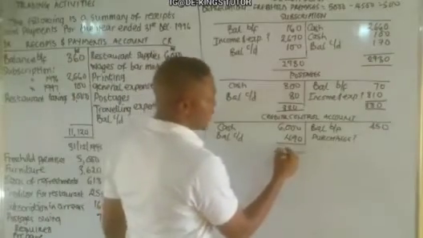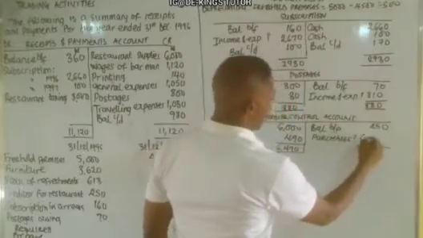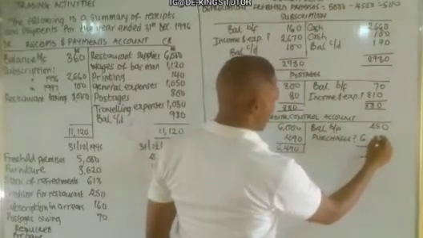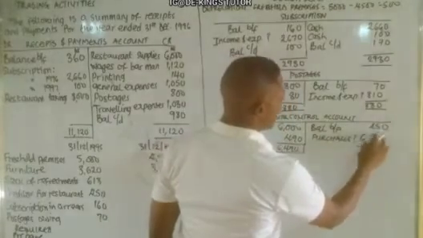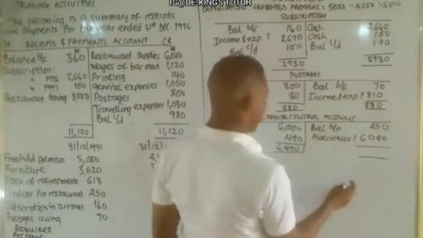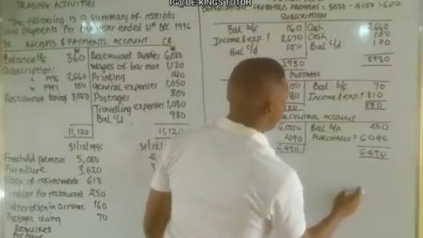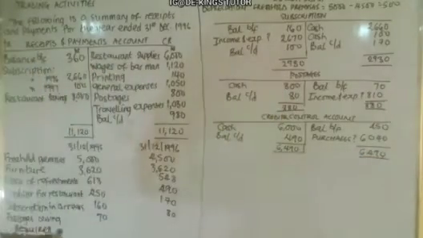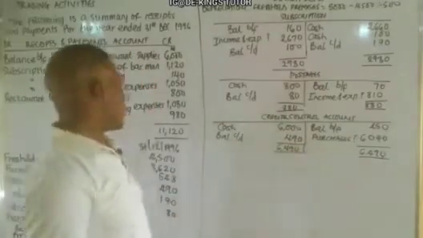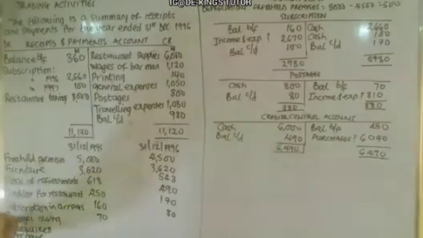So this is 6,490 minus 450, which will give us 6,040. So that's how to prepare it. So these are purchases. Okay, so we have done all the adjustments needed.